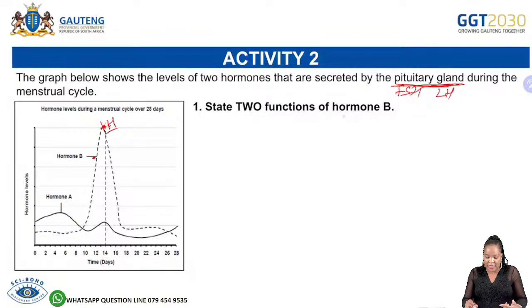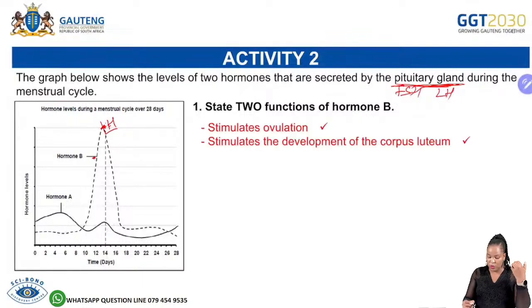So what is the function of this LH? We've just spoken about it in the previous activity. We said this hormone is going to stimulate ovulation, number 1. Then stimulate the development of the corpus luteum. That yellow body is formed because this hormone is secreted in large quantities after the rupturing.